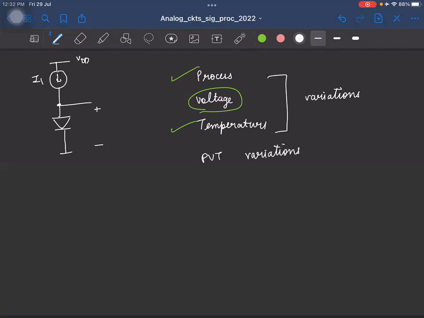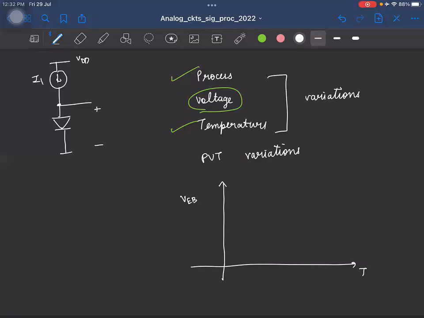Right. So now let's see how this voltage performs with temperature. So let's say I try to plot this diode voltage versus temperature by keeping the current constant. How do you think the curve will look?